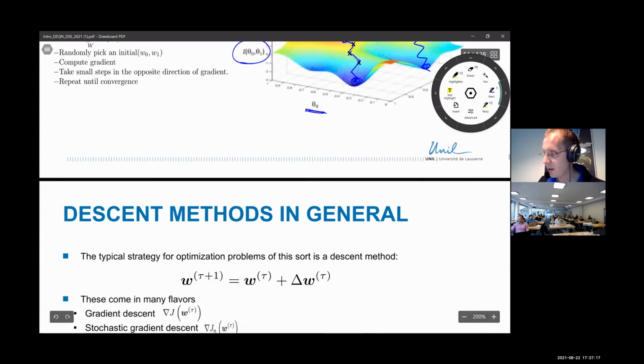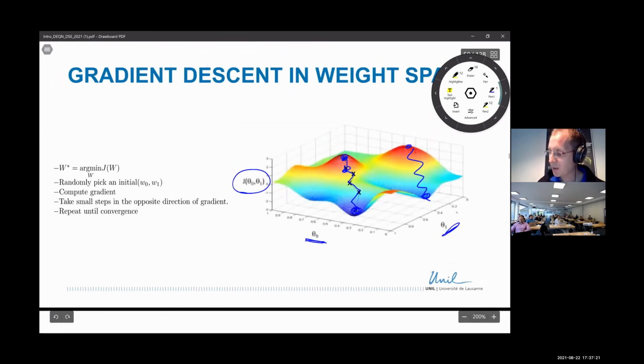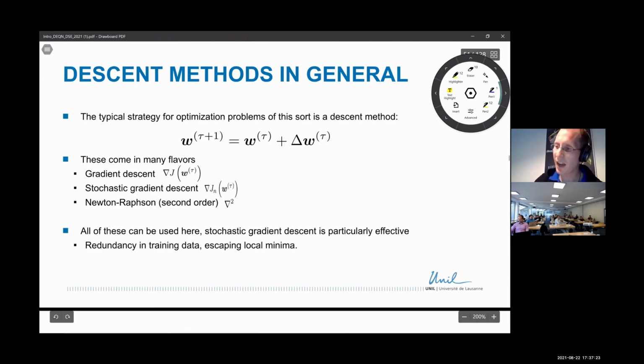Okay, now that's the intuition, but how do you do that? You have a lot of parameters, so you have a huge vector that describes the coefficients in your neural net. You initialize them randomly.